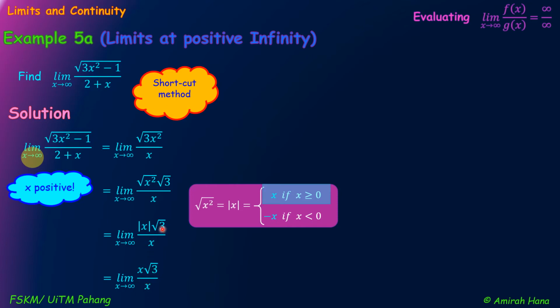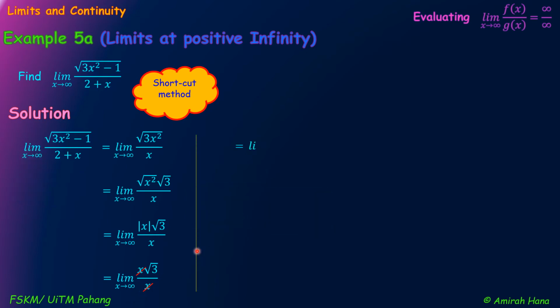We just leave square root of 3 as it is here because it is not a perfect square. After that, we can simplify x from the numerator and x from the denominator.